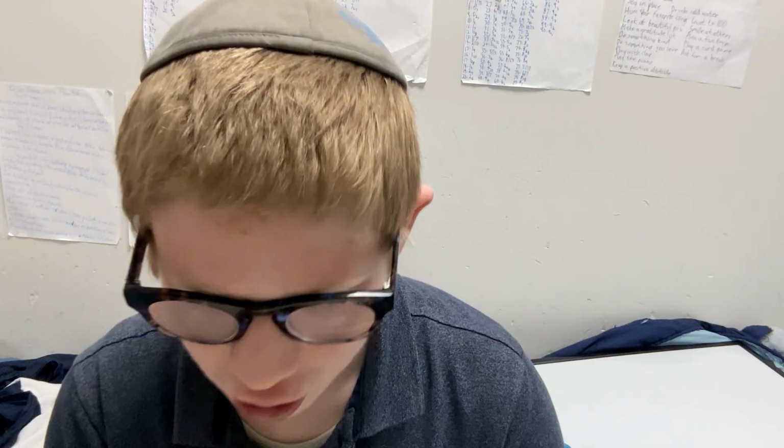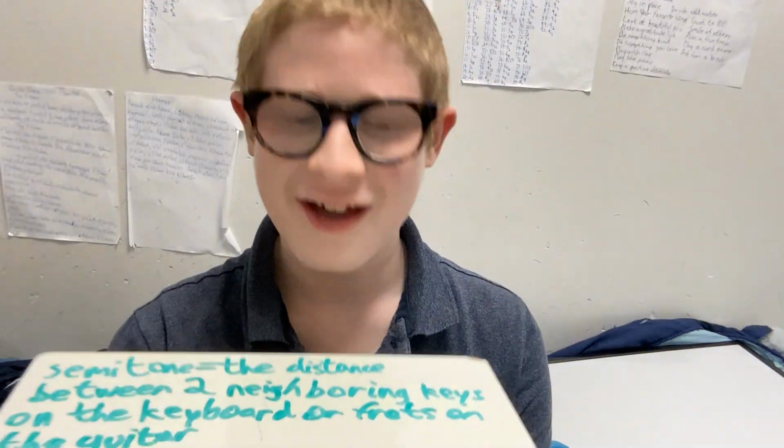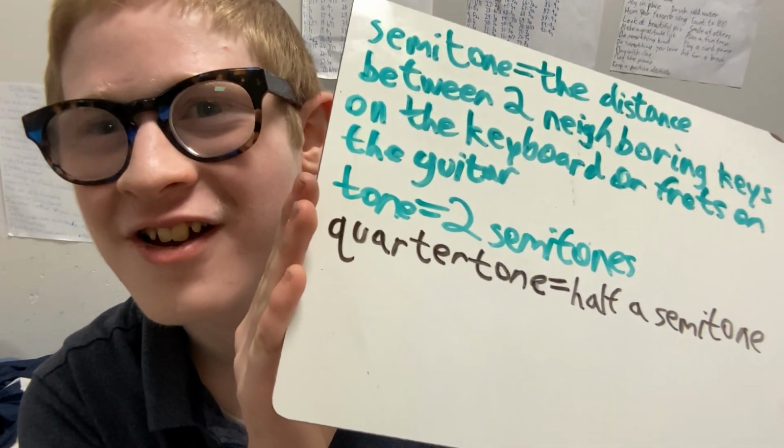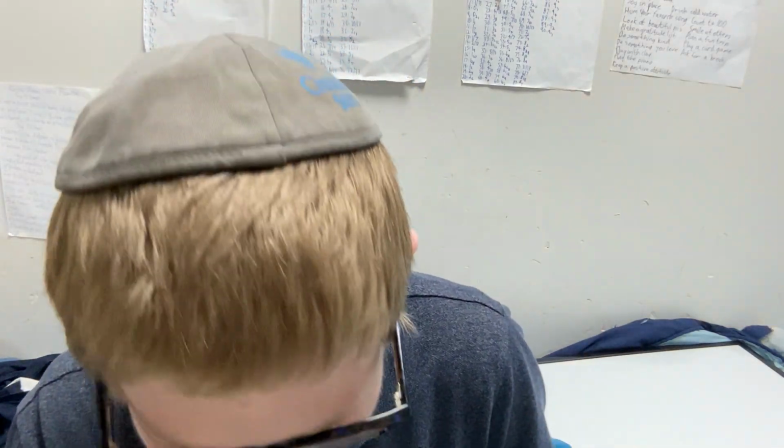So a quarter tone, that is half a semitone. Makes sense, right? Because a quarter is half of a half. So that's the first, and you're only gonna need to know about quarter tones if you play it with two keyboards at once. One is tuned a quarter tone sharp, like I do sometimes.